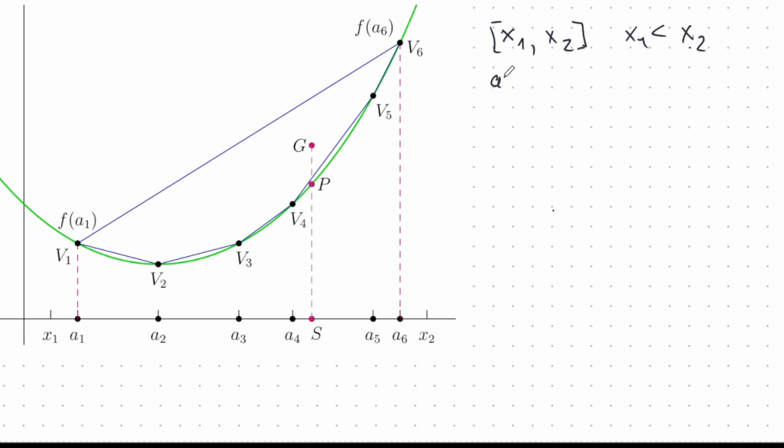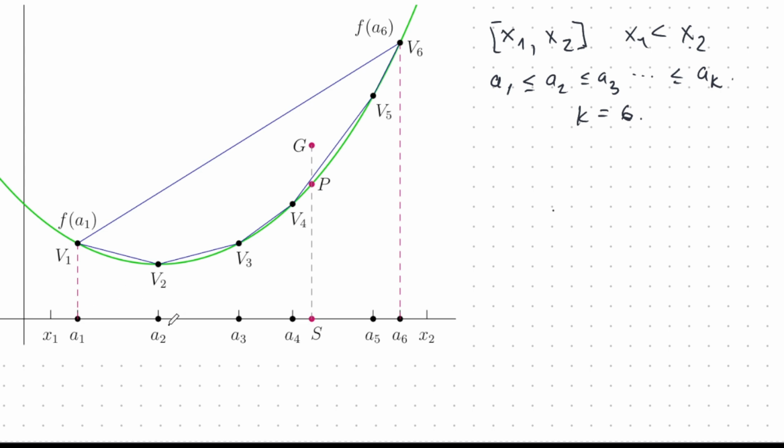Let's say I choose k of them. Well, in this case, k is 6: a1 less than or equal to a2, a3, and so on, less than or equal to ak. In our case, I chose k equals 6. That's about as many as I can draw and still have a clear diagram.